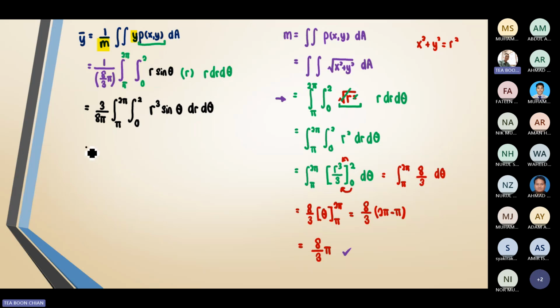All right, so first thing first, we integrate with respect to r. 3 over 8 pi still remains here as a coefficient, nothing involved. So from pi to 2 pi, r power 3 is integrated into r power 4 over 4, substituting the upper limit 2 and lower limit 0, sine theta d theta.